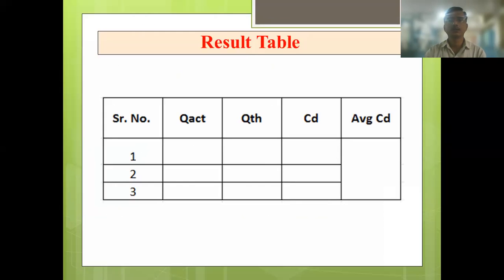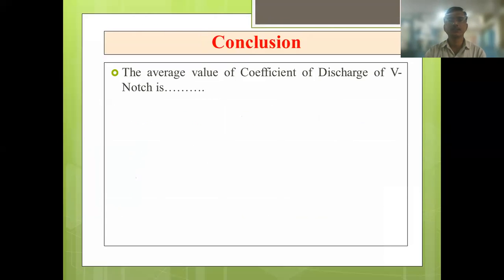And the result table will be the same. In the conclusion, one more conclusion you can add: the average value of coefficient of discharge for the rectangular notch. If we perform that practical using the rectangular notch also, you can add those tables and results.